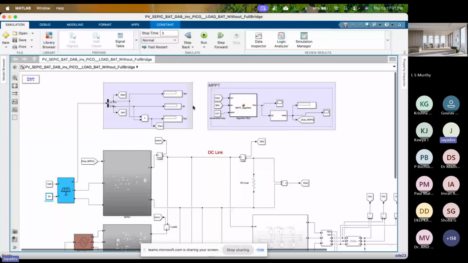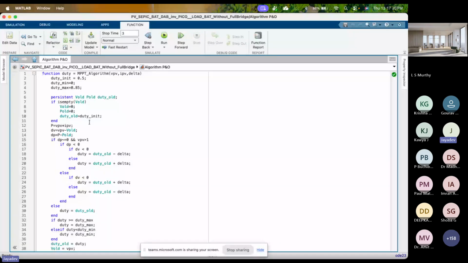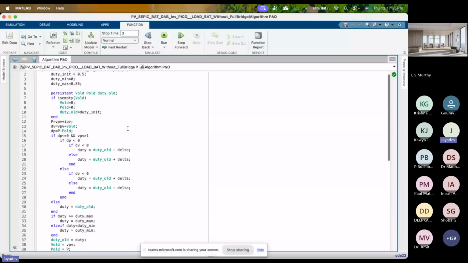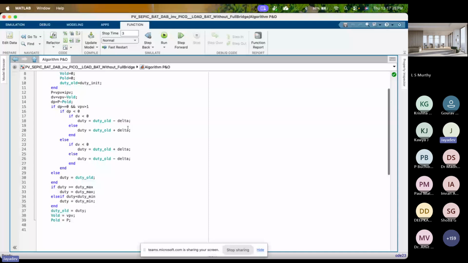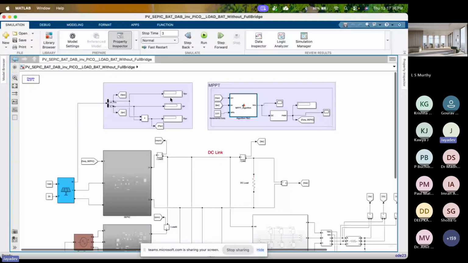In this case, we sense the voltage and current, and in the simulation we are externally giving the incremental duty. This is the code for the maximum power generation with the P&O algorithm. This is a simple one, that's why we are using the P&O algorithm only. Then from the P&O algorithm, this will generate the duty.